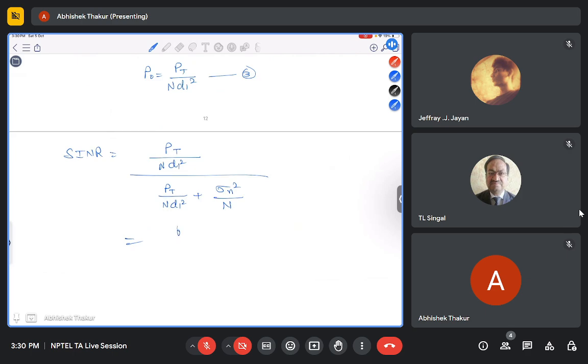So this will become Pt by Pt plus d1 square sigma n square.